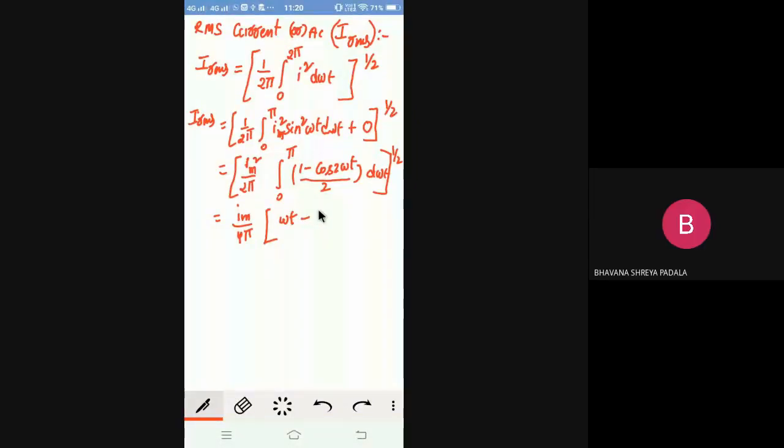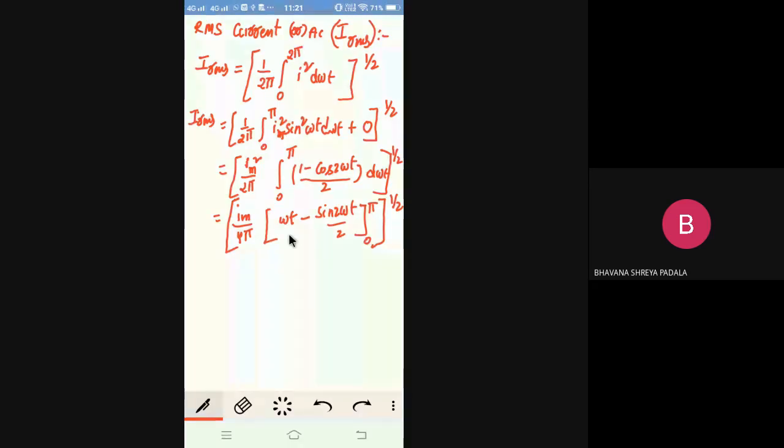So the limits are from 0 to pi, అంతటికి స్క్వేర్ రూట్ ఉంటుంది. Now first I am replacing pi in terms of these values. Next I am replacing 0.